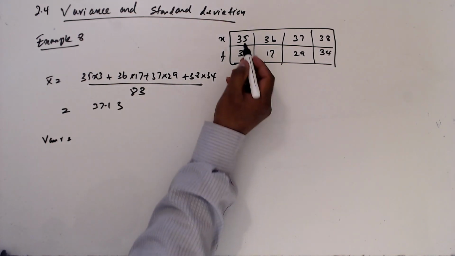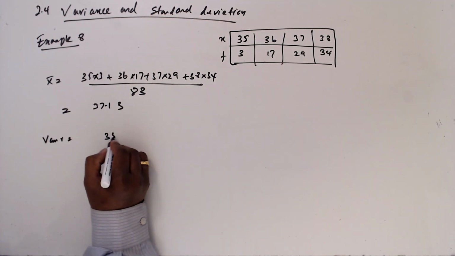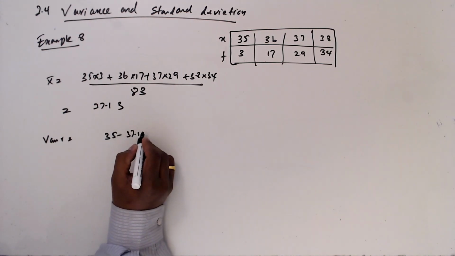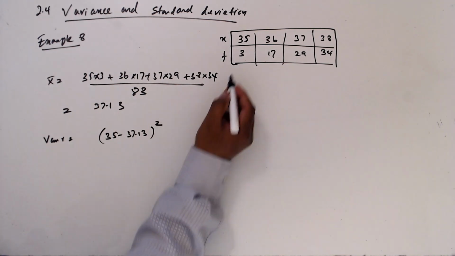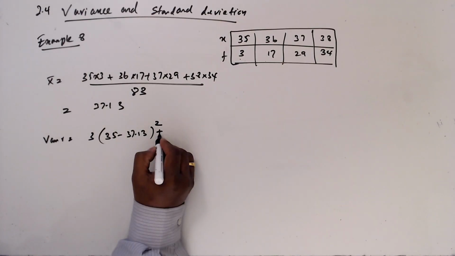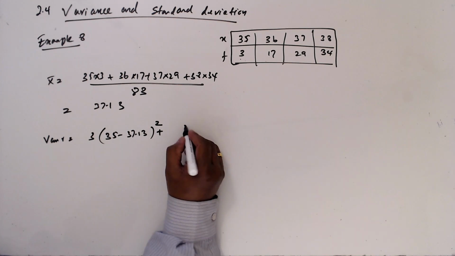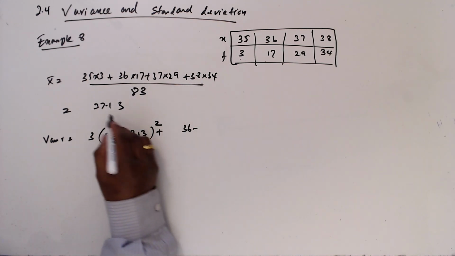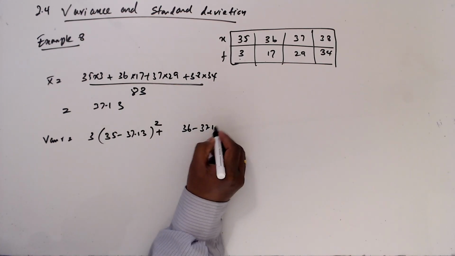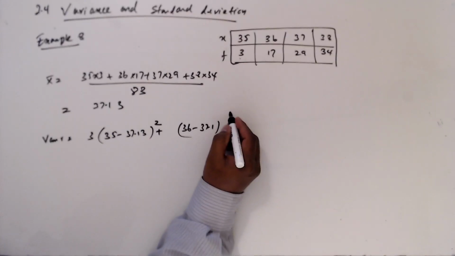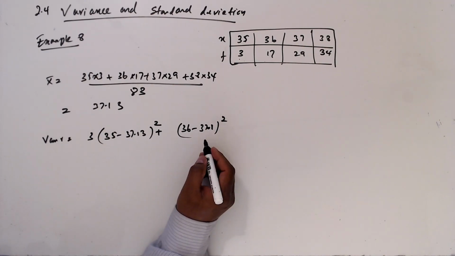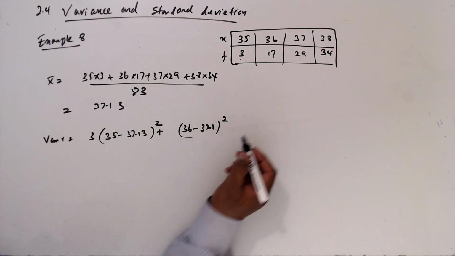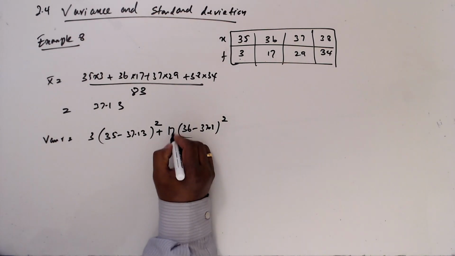Now variance. This is the value 35 minus 37.13, that is the difference, and this squared, how many values, 3. And 36 minus x bar 37.1, squared, how many values, 17.